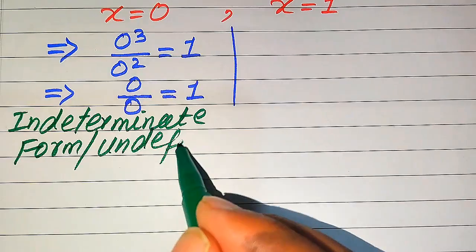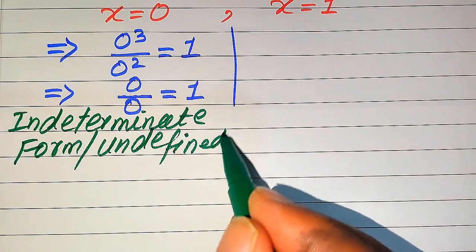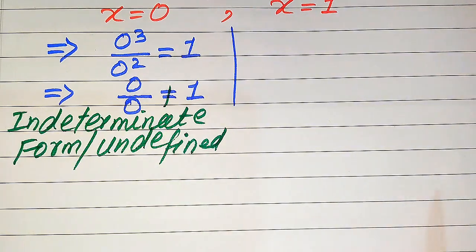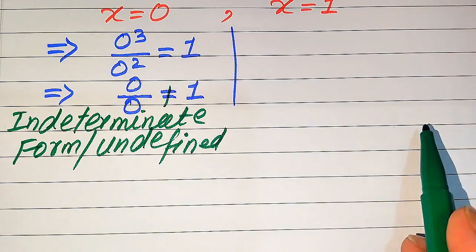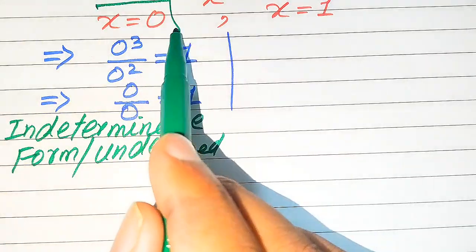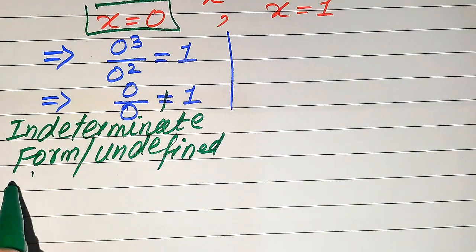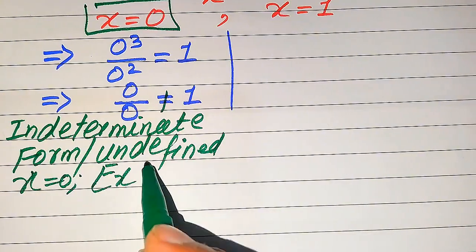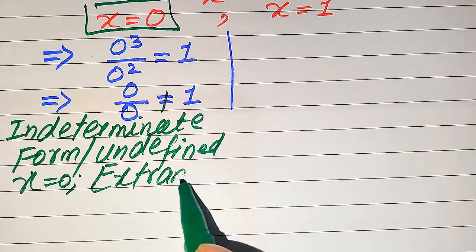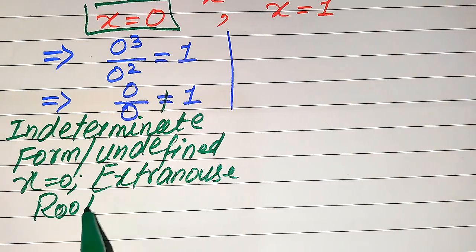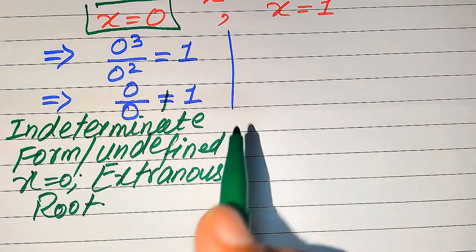So if 0 by 0 is undefined, this means that this value is not equal to 1, so both of the sides are not equal in general. So we conclude about x equals 0 that x equals 0 is the extraneous root of the given equation, because it does not satisfy our given question statement. So this is the extraneous root.